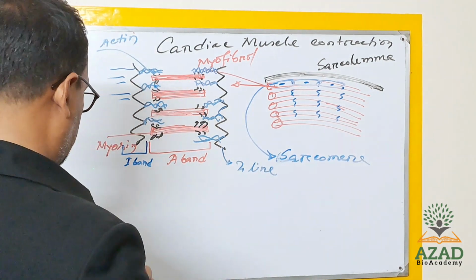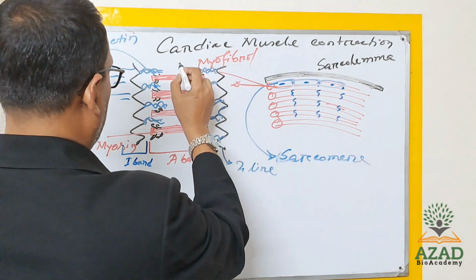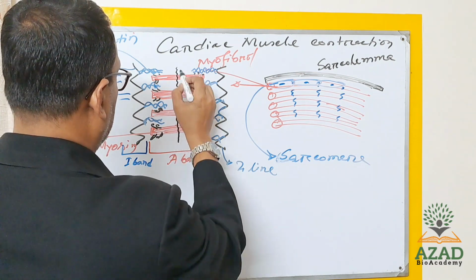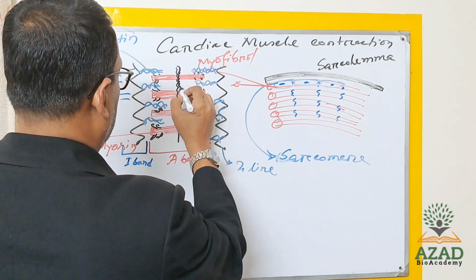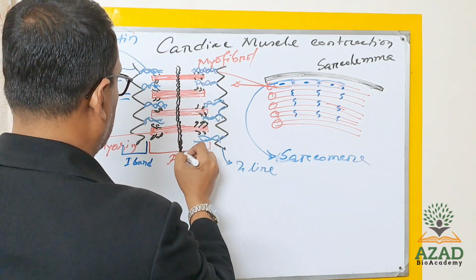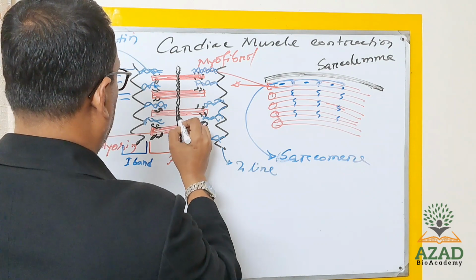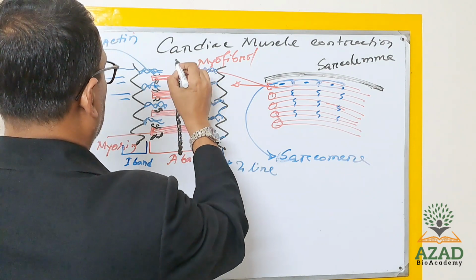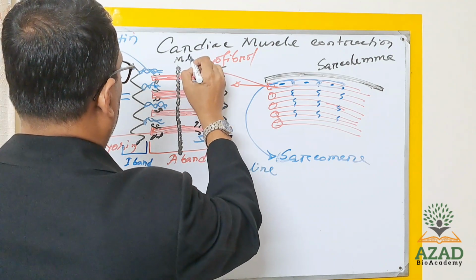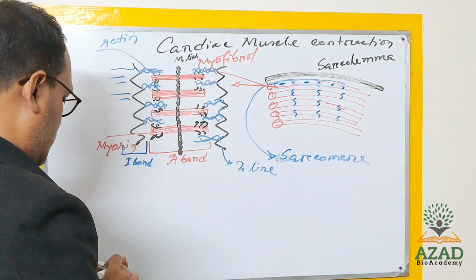Within that, the main point is a special type of protein, that is C protein, M protein, and different types of protein made up of the same center point, the middle point, and this is called the M line, or you can say M zone.